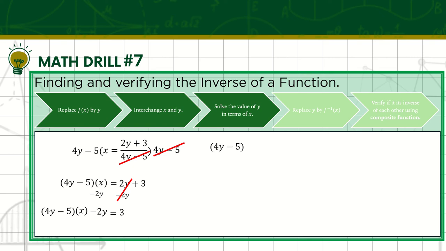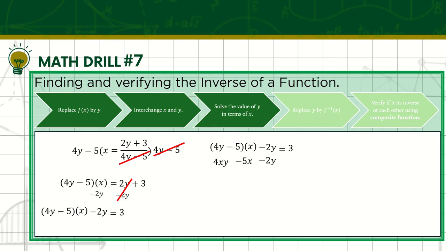After that, from (4y minus 5) x minus 2y is equal to 3, we are going to distribute x to the 4y and minus 5. Therefore, we will have x times 4y gives us 4xy. x times negative 5 gives us negative 5x.